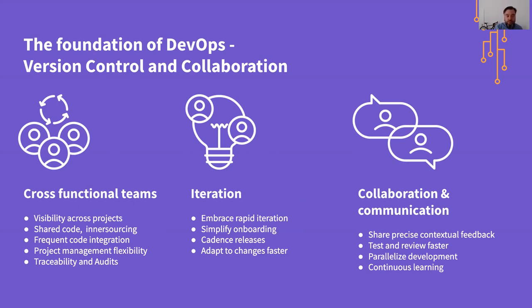The solution to these problems comes from the ability to enable cross-functional teams to work together, not only between teams, but also among team members, to allow them to iterate fast in small batches and have the ability to collaborate to the detail of the line of code, of the pixel in the case of the design, and the ability to communicate those changes in an orderly fashion, with enough automation to automate boring processes and to ping with notifications and request human attention and brain cycles for the specific problems that require that.